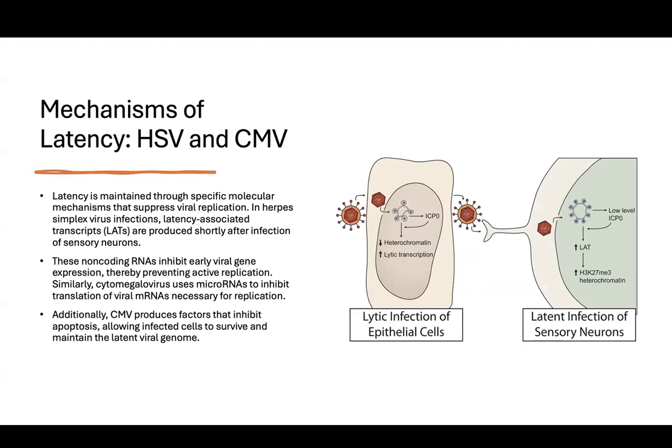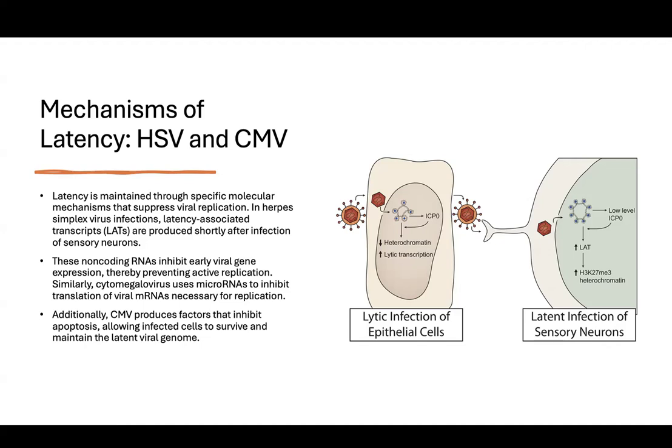It's quite complex, but we know in quite some detail how herpes simplex viruses and cytomegaloviruses do that. So herpes simplex viruses create something called latency associated transcripts, LATs. And what LATs are, as the name says, is a transcript that produces microRNAs. I'm quite sure you guys know what microRNAs are.